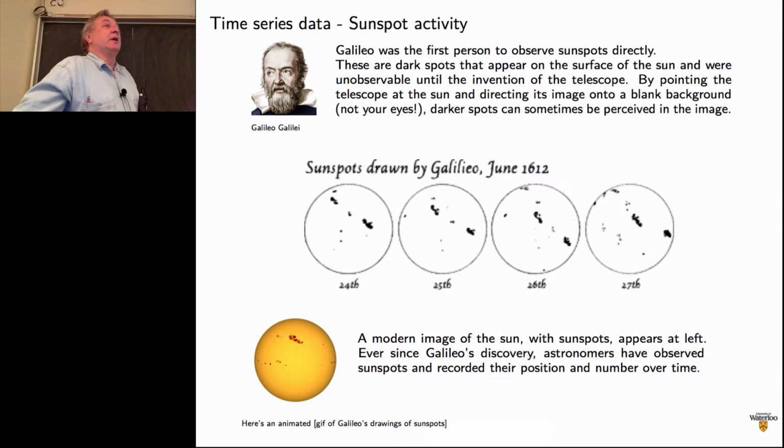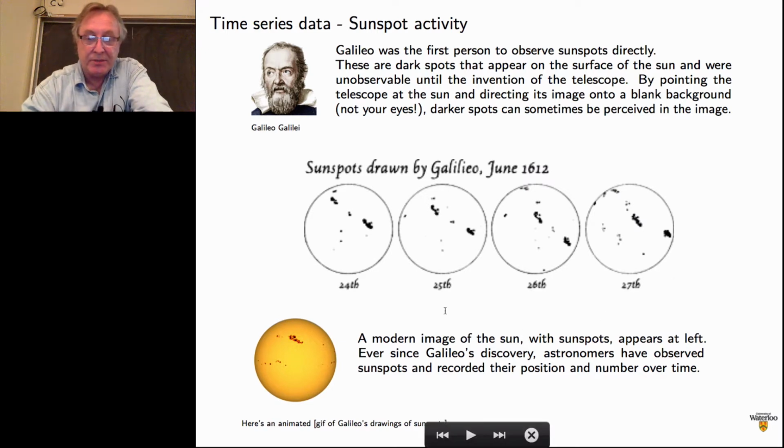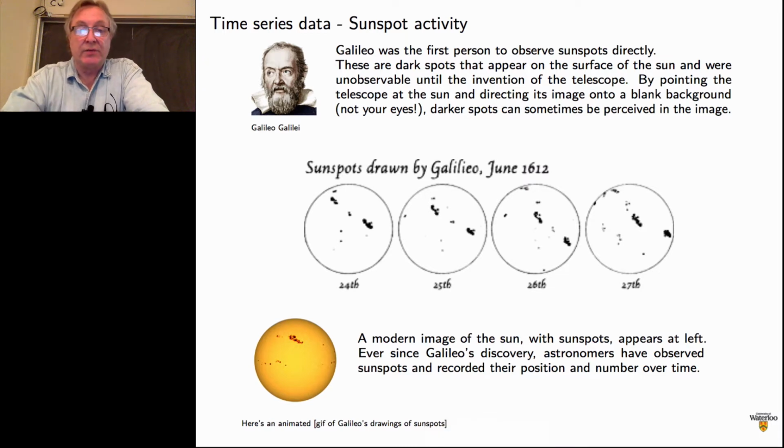If you were to point a telescope at the sun, and not look at it directly, imagine that the eyepiece is pointing down on the ground, you can see the sun there and you'll see little dark patches. These are sunspots. Something's happening, some activity on the sun. And so you can count the number of sunspots. So there's a modern image. And so we've observed sunspots and recorded their position and how many there are over time.